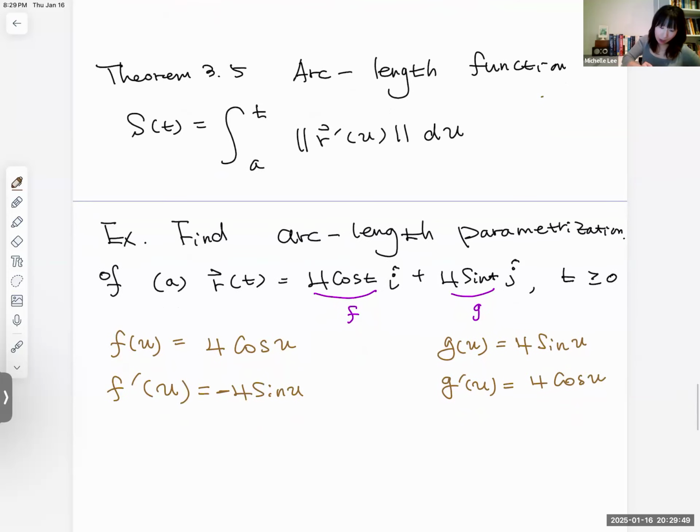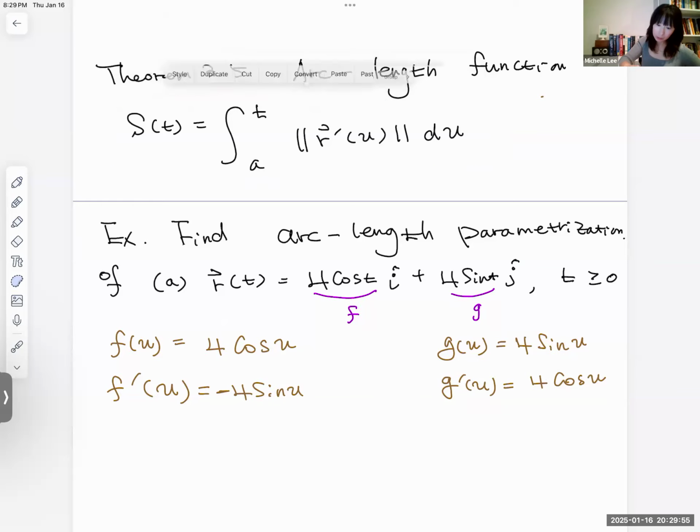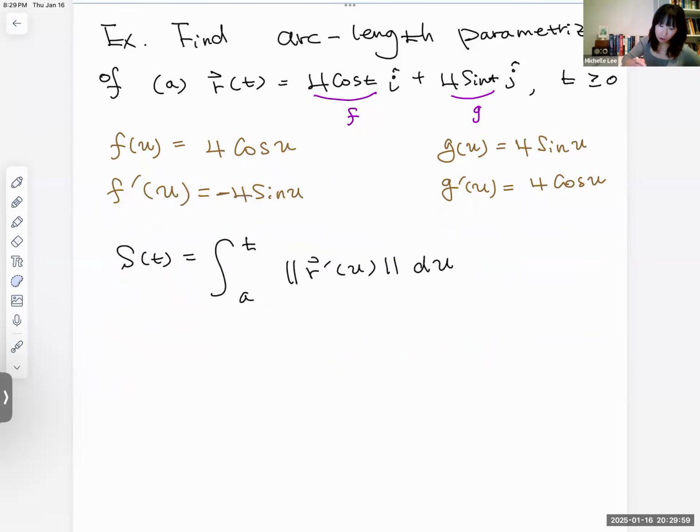Okay, so we have the formula, copy that. So a in this case is 0, and we keep using t.